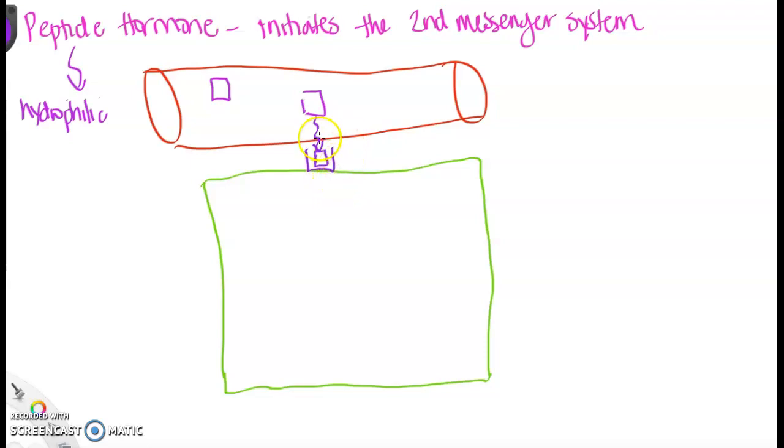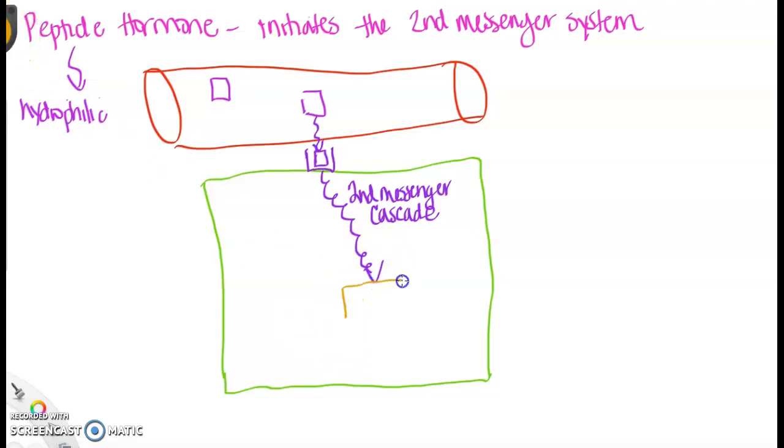So this receptor that takes on and binds with the hormone then initiates that second messenger cascade. It's just a bunch of reactions. If you remember, you got the G protein, and the G protein goes and stimulates an enzyme, adenylate cyclase, and then the adenylate cyclase takes the energy and converts it to something called cyclic AMP.